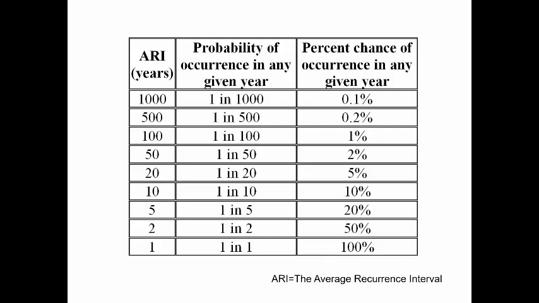So, for example, if you have a 100-year storm, that means that the probability of occurrence in a given year is 1 in 100. So if it's a 500, it's 1 in 500 for a given year. So that means this is the same as a 1% chance of happening, or if it's a 1 in 500, there's a 0.2% chance of happening.